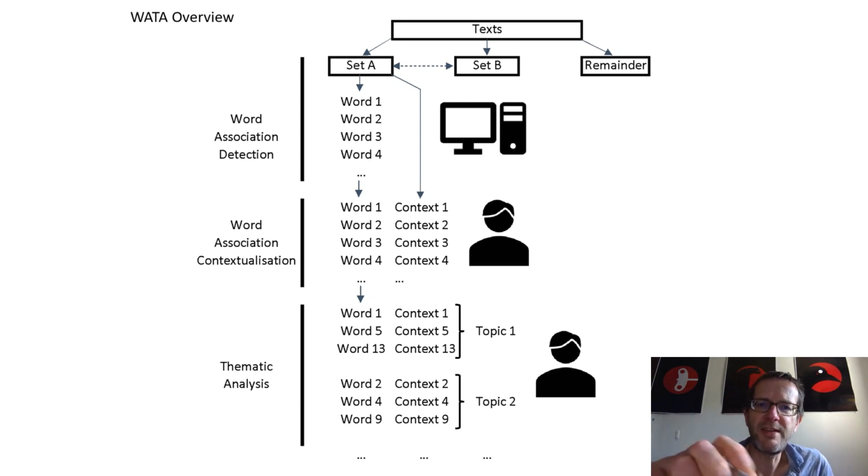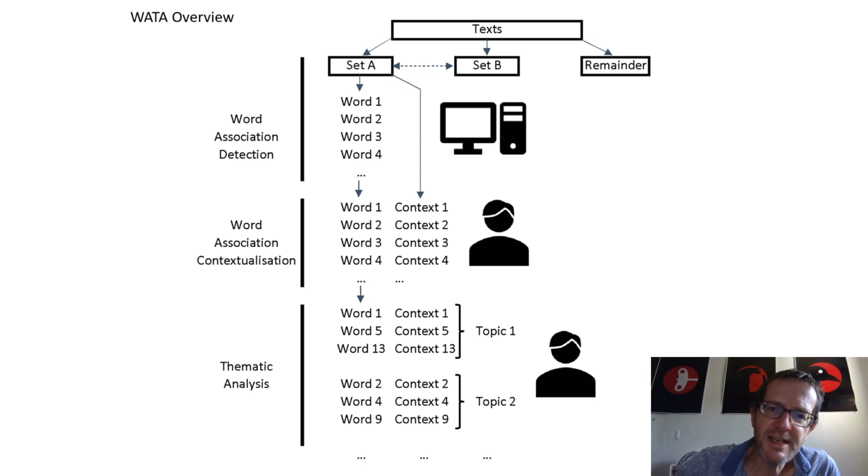Or sometimes it's set A against the rest, so there's no set B. But a typical one would be set A against set B, and then Mojday, the computer, produces a list of words in the word association detection stage, and these are words that occur more often in set A than set B, so more about that later.